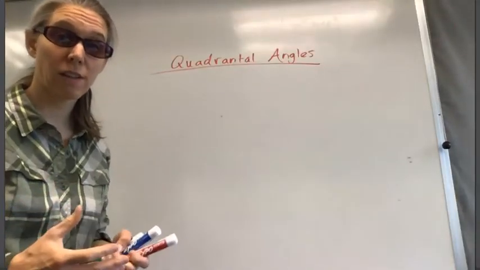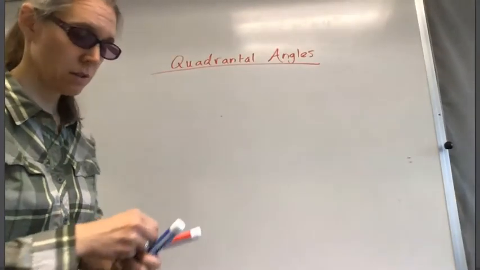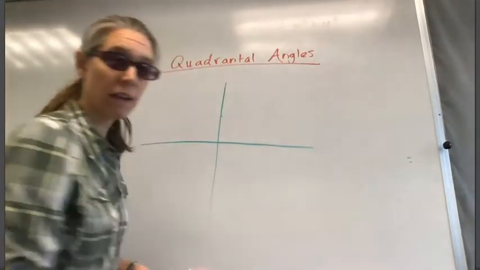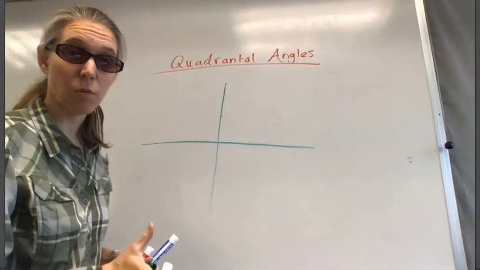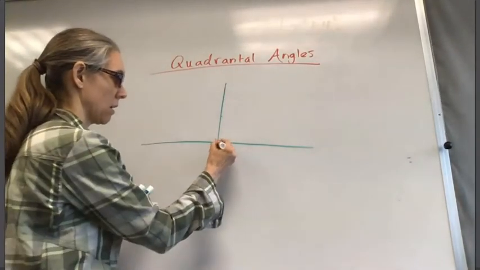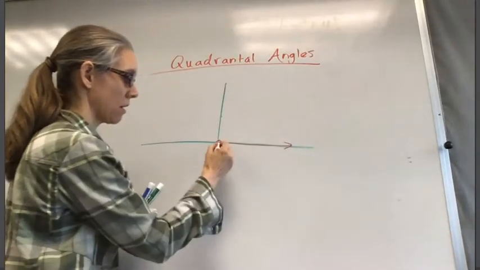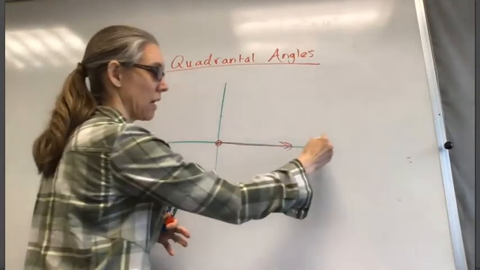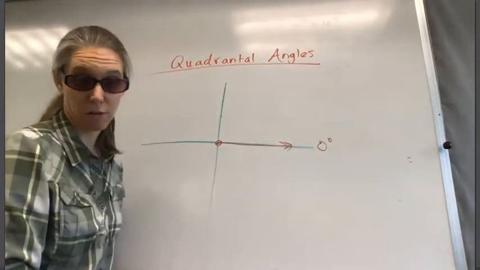Okay, so quadrantal angles are a special kind of angle. A quadrantal angle is an angle that lines up with one of the axes. So if the terminal side is the same as the initial side, then that would be a 0-degree angle.